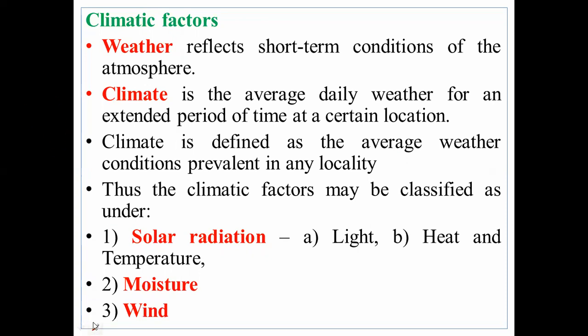In the climatic factor, they're going to ask mainly about temperature, rainfall, and also different types of frost. Here we will see them one by one, simplifying each one. Most of you are well aware of the difference between weather and climate. Weather is short term.